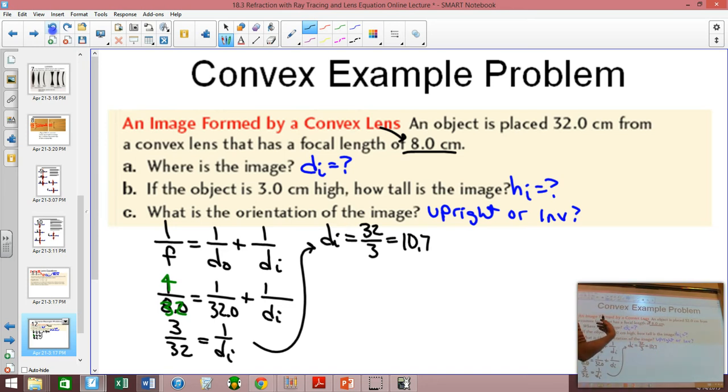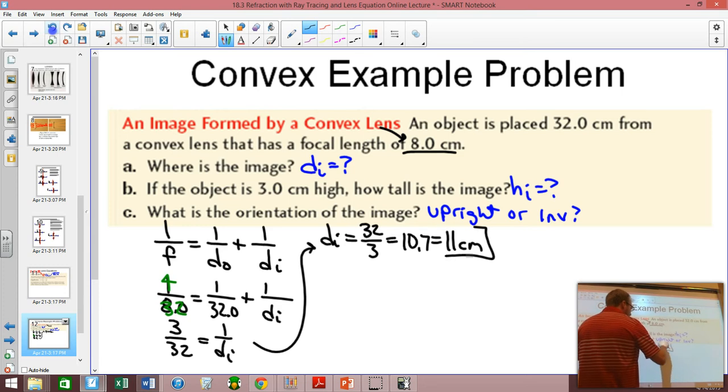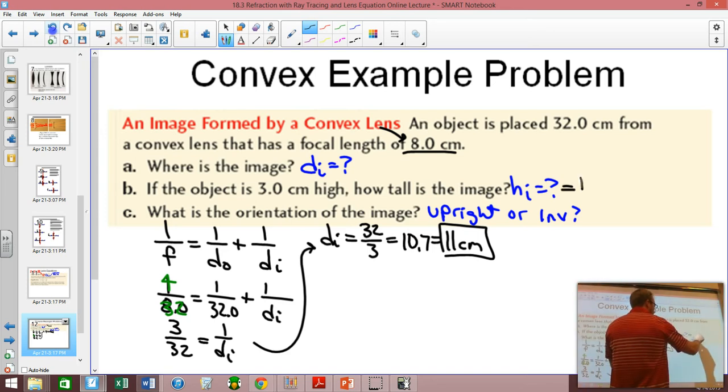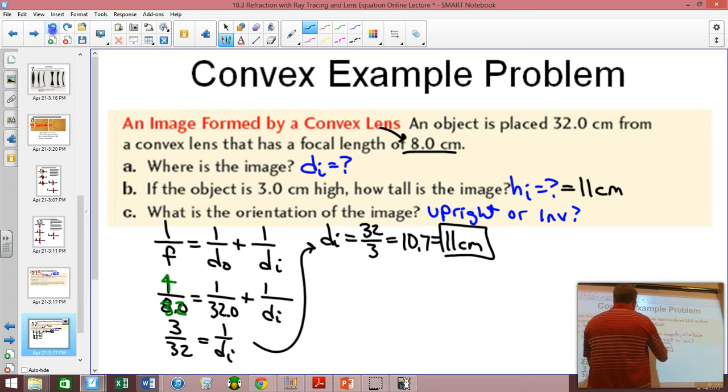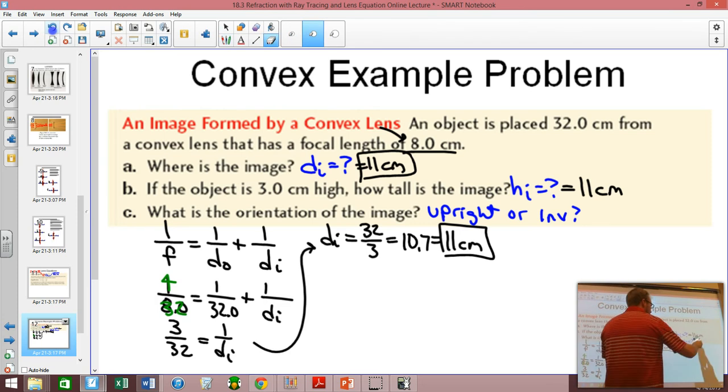We only got 2 significant figures, so we're talking 11 centimeters, all without the use of a calculator. You don't need calculators if you don't have to use them. Actually, it was a lot quicker for me to just do it right there. 11 centimeters.